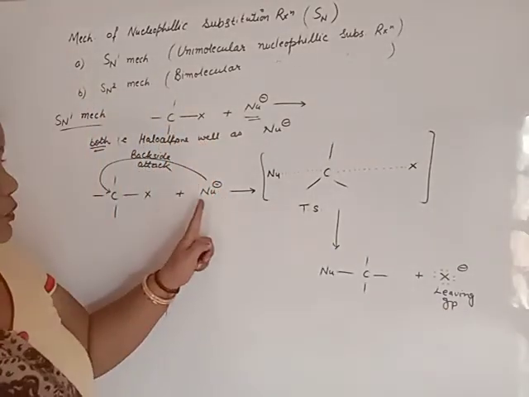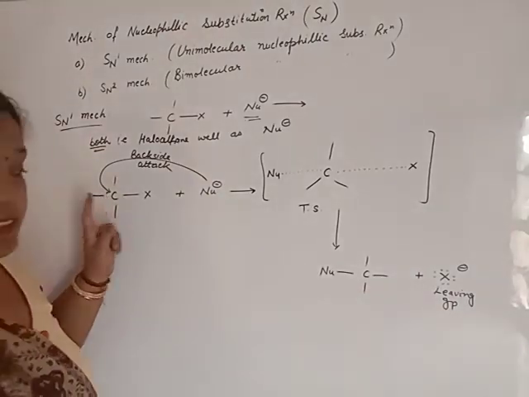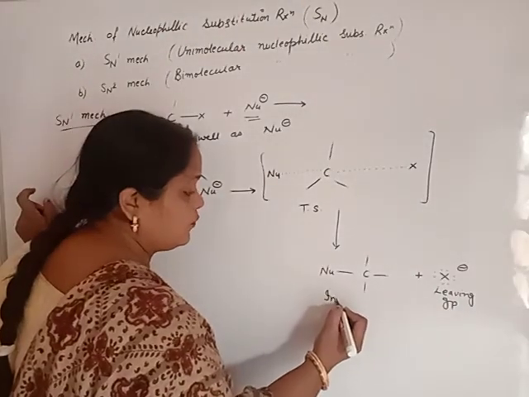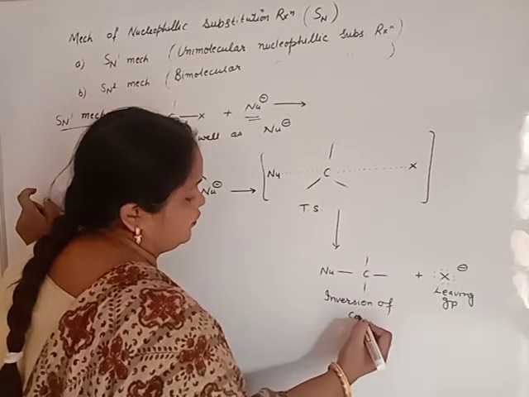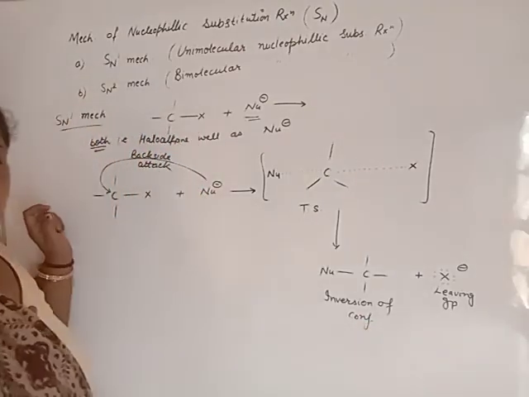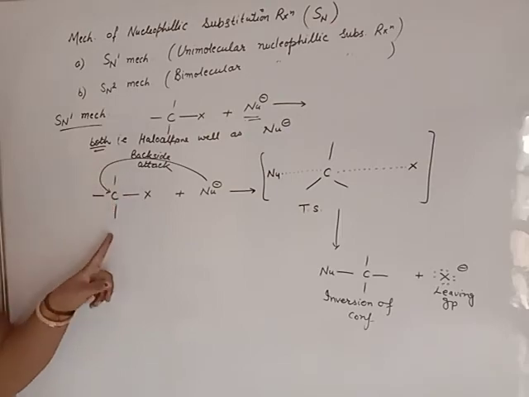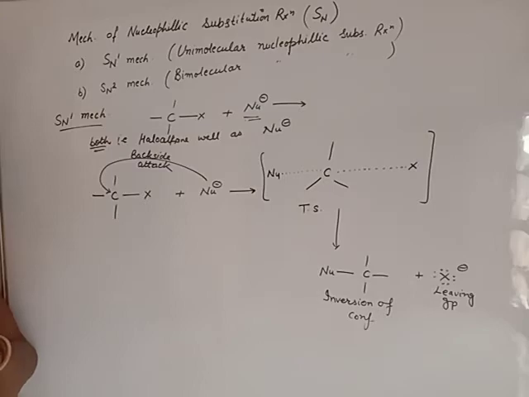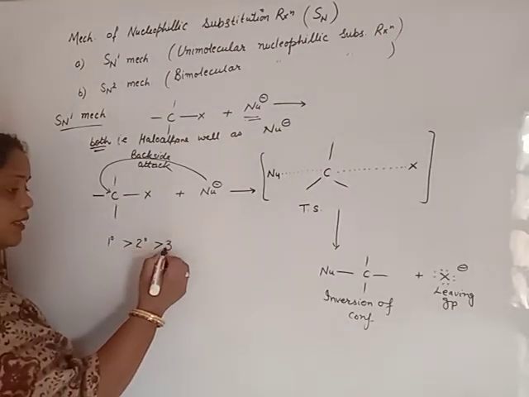Here geometry is totally opposite. Halogen leaves from right side, nucleophile attacks on left side. That means inversion of configuration. So as many heavier groups are attached to carbon, the reaction rate will slow down. That means SN2 mechanism is faster in case of primary carbon as compared to secondary, as compared to tertiary.